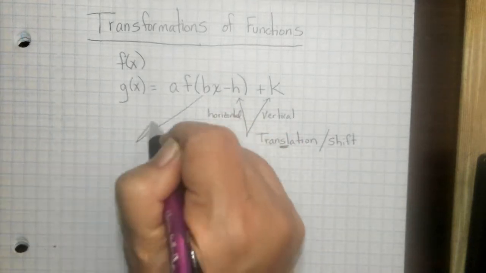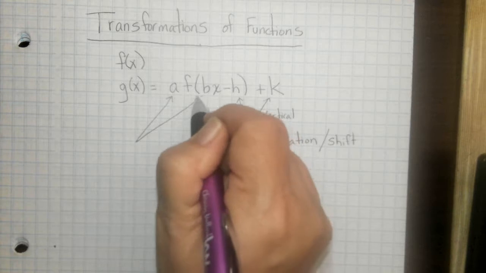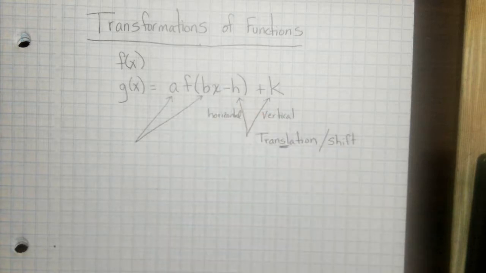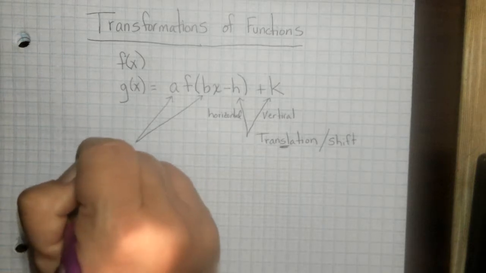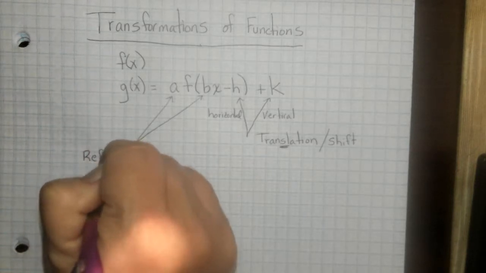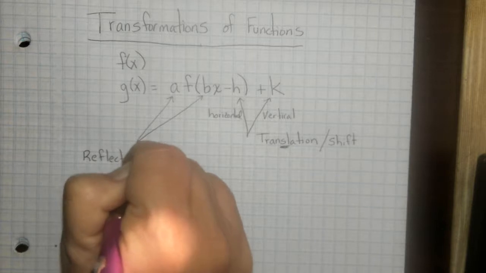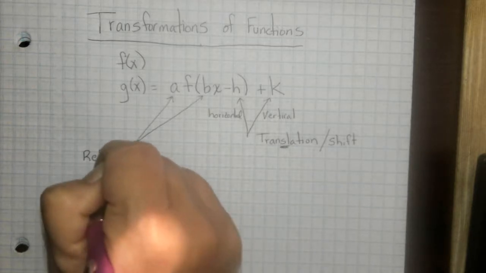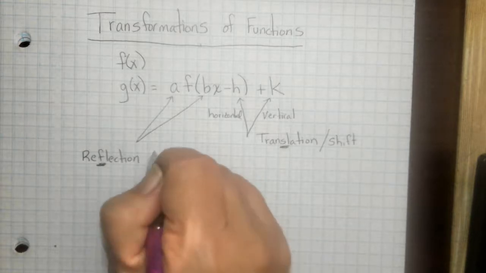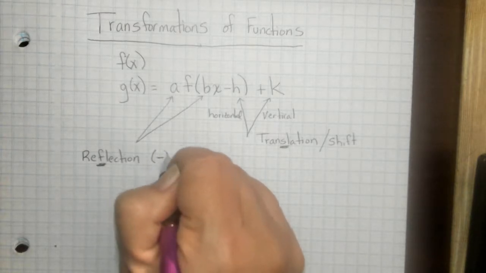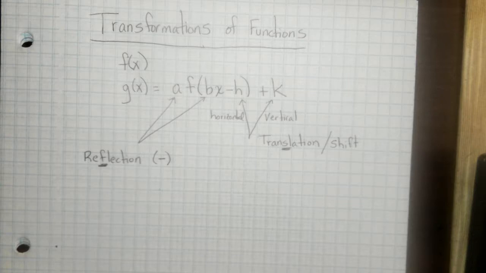Now, the a and the b are responsible for two different types of movements. One, they can be responsible for a reflection, a flip, and the reflection happens when there's a negative where a or b are.